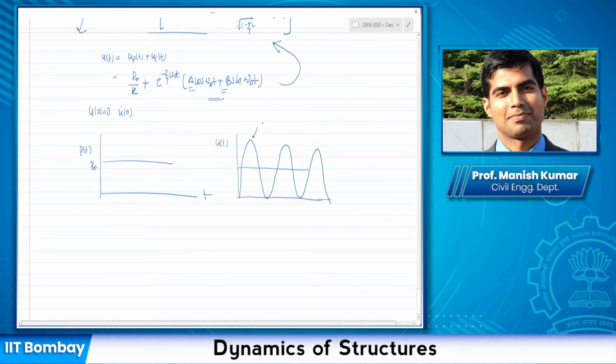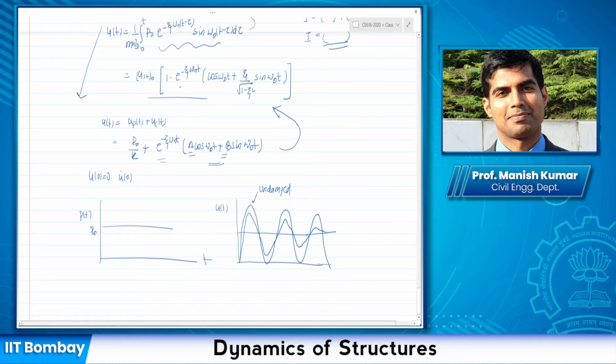In the damped system, there is a negative exponential term, so it starts with similar kind of motion, but then the amplitude decreases in time and then converges. If you look at this expression, after a sufficient time it would become 0, because you have e to the power minus something. So u(t) would converge to u_st naught for time greater than 0. If it's a very large time, it will converge to this expression.